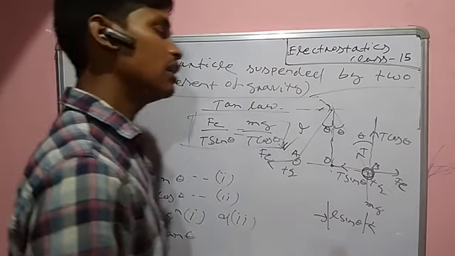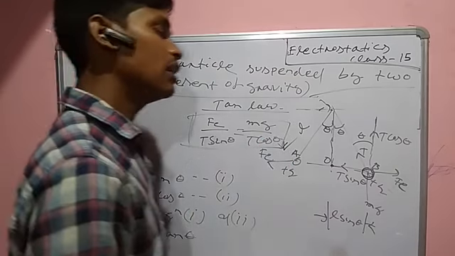From this expression, we can find Fe by mg. That means Fe is equal to mg tan theta.